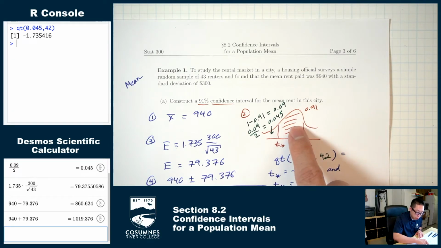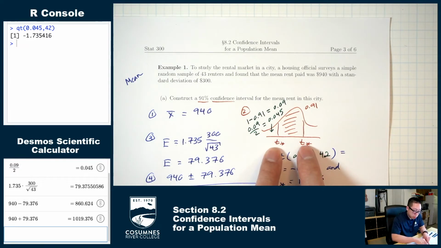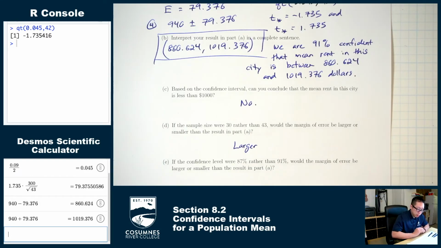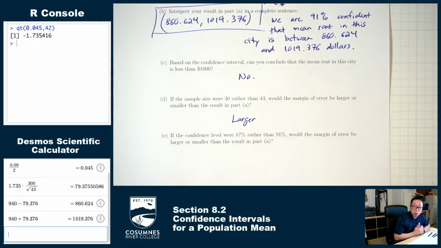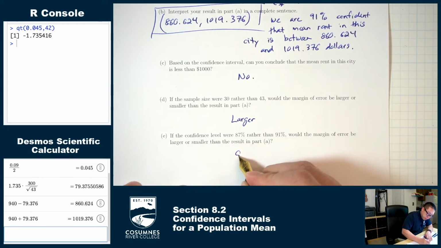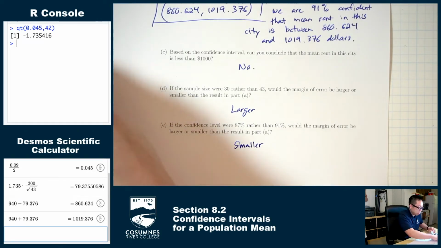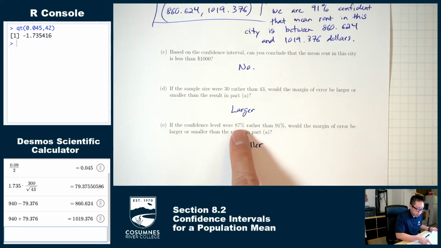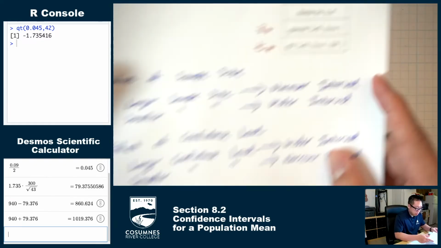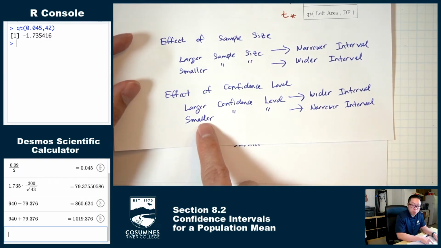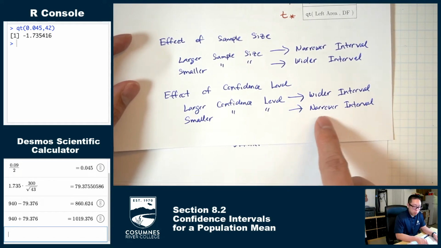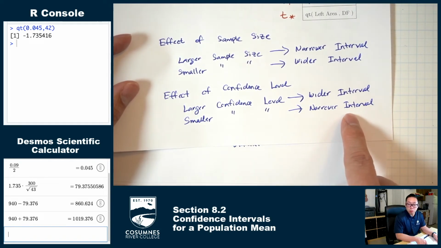If the area is smaller, these t-stars would actually have to go in closer, right, or narrower. So narrower is the same thing as saying a smaller margin of error. It'll be smaller. And if you need to, go back to the cheat sheet. 87% will be a smaller confidence level. Smaller confidence level would be a narrower interval, which is the same thing as saying a smaller margin of error.